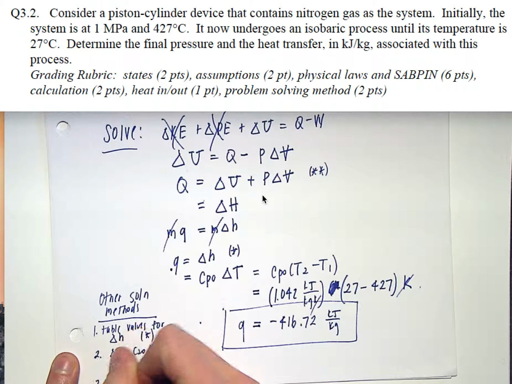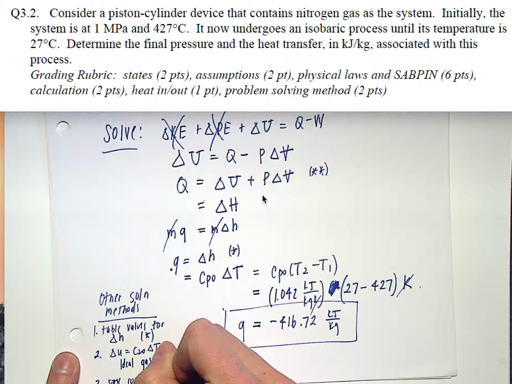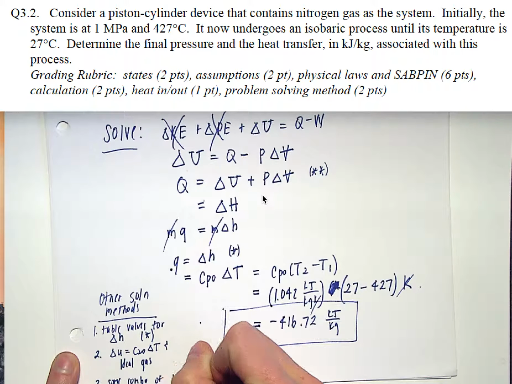Or you could do some combination of table values and ideal gas, and specific heats. You can really combine them.